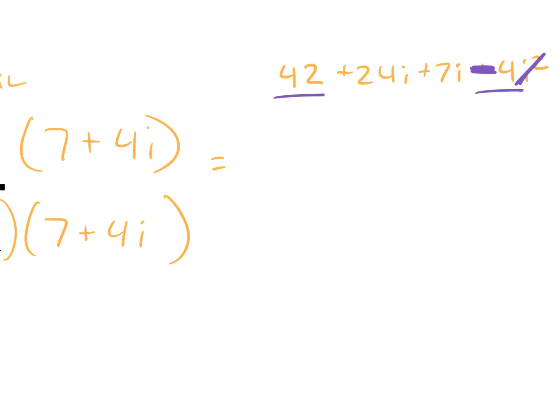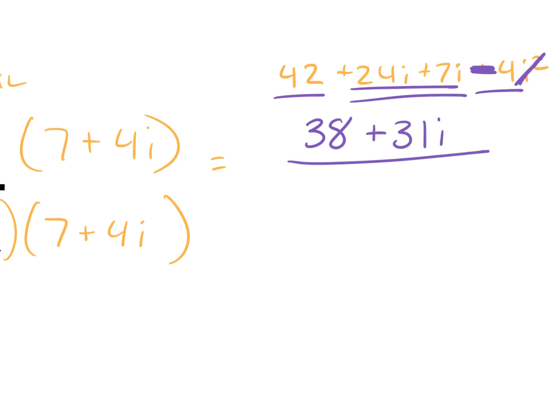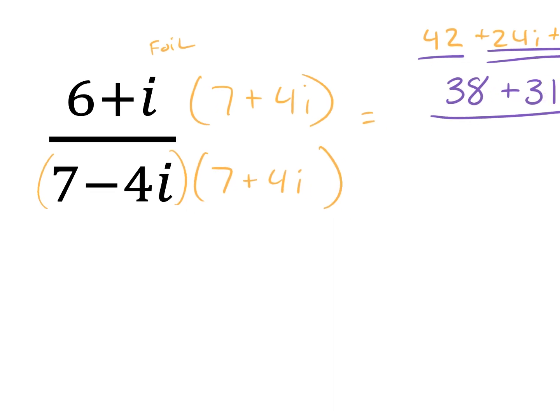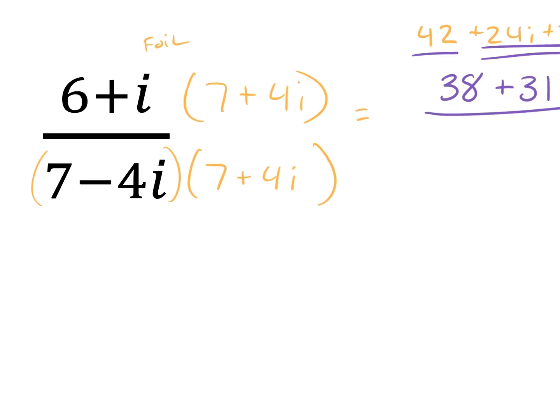So then we combine our like terms. Let's combine our real parts first. 42 minus 4 is 38. And 24i plus 7i? 31i. Perfect. That's our numerator. Now for our denominator, we can do our conjugate shortcut, which is a squared minus b squared.